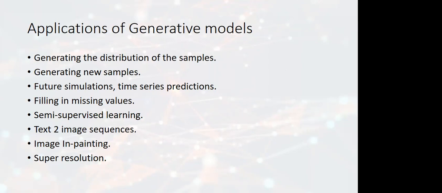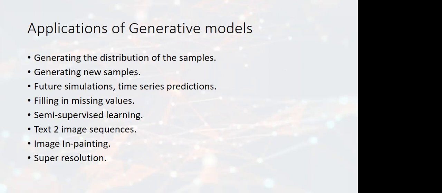Then we have text to image sequences. This is a really cool consequence, but I don't think we'll be using it in mechanical engineering. It literally sounds like magic. You basically write a sentence and the GAN would give you an image of the description.